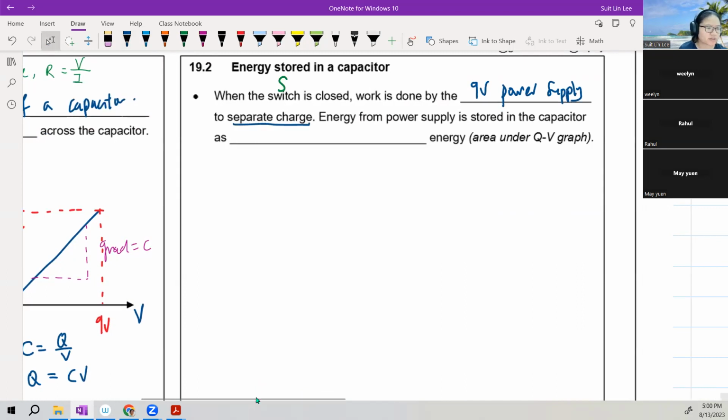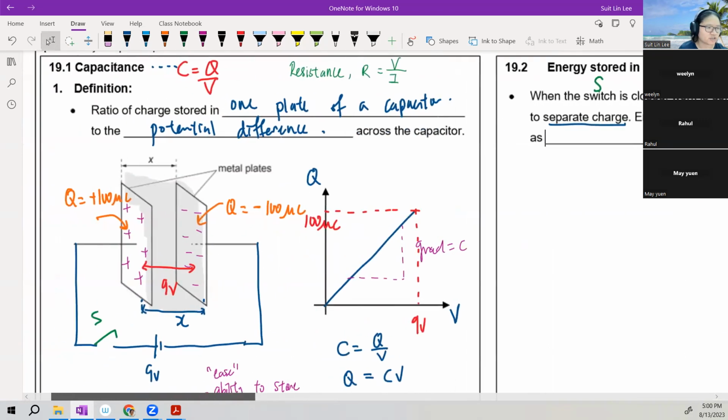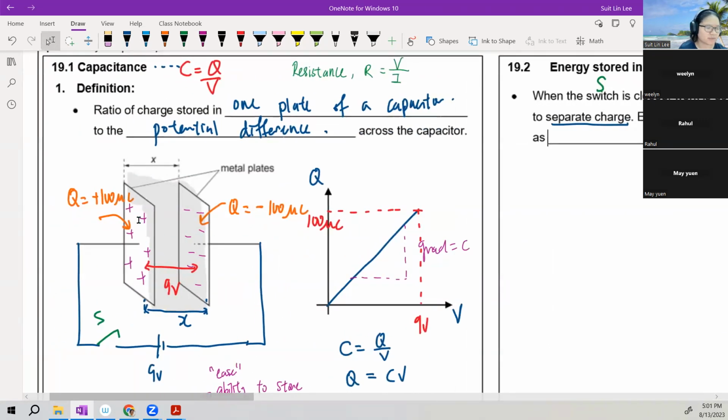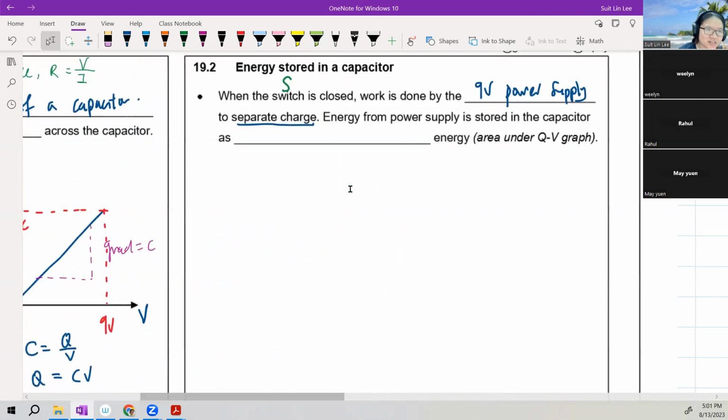What the 9-volt does is take the charges on one plate and put them on the other plate, because before I connect, the plates are neutral. Once I connect, all the electrons will be moved because the battery is like, I need your potential to be the same as mine. It's a little bit like when you open a dam and the water starts to pour out. So the energy from the power supply is stored in the capacitor as electrical potential energy.